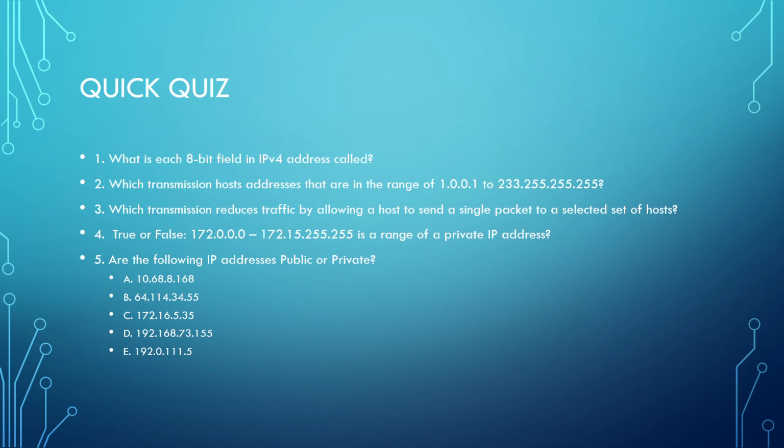D is 192.168.73.155. And E is 192.0.111.5. Before we go on to the next slide with the answer key, I encourage you to pause the video and get these questions answered for yourself.